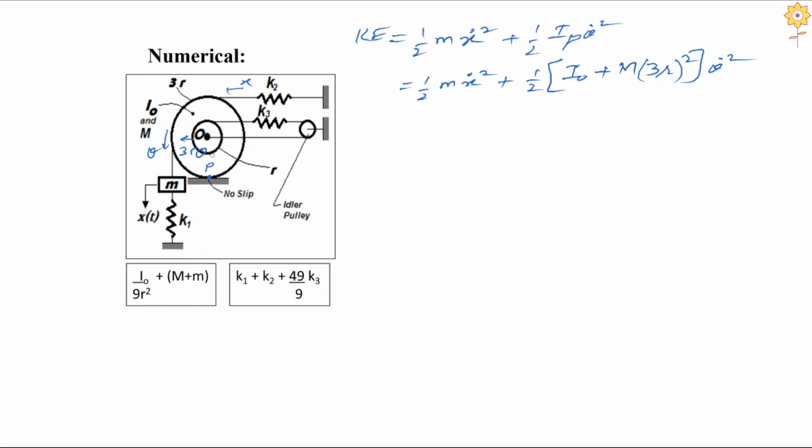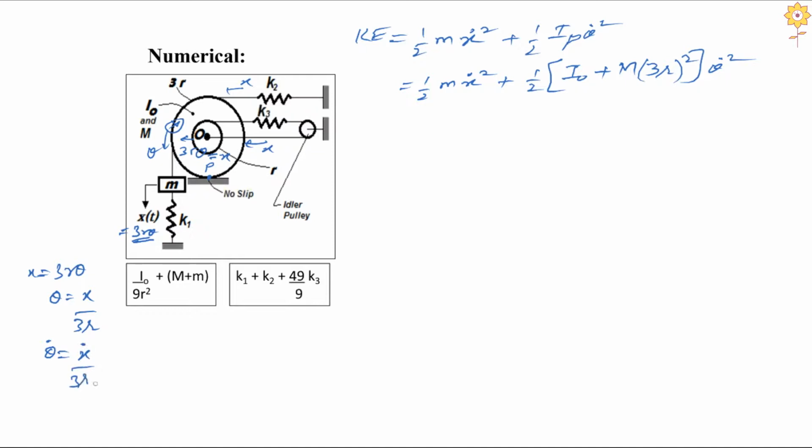So the distance moved by point O, that is 3r theta, should also be equal to x, the same thing. So I have x equal to 3r theta, or theta equal to x by 3r. I want to convert theta in terms of x, so theta dot should be equal to x dot by 3r.